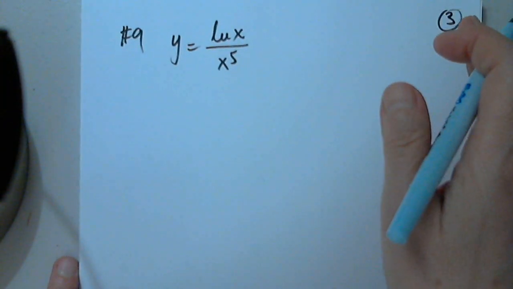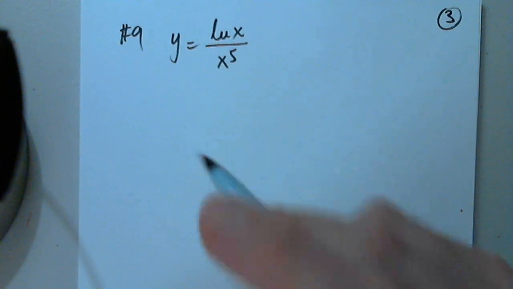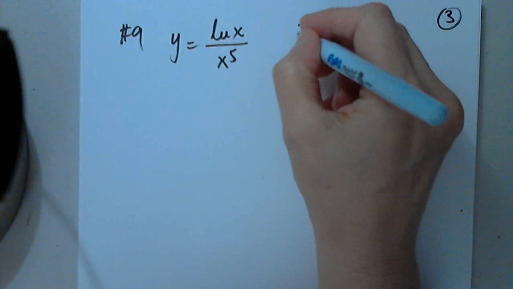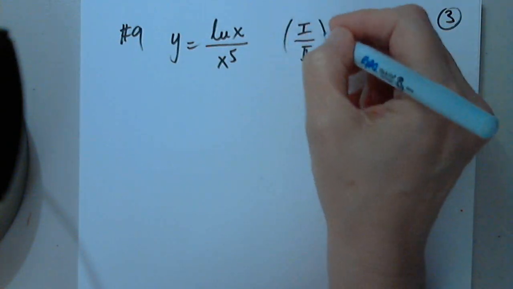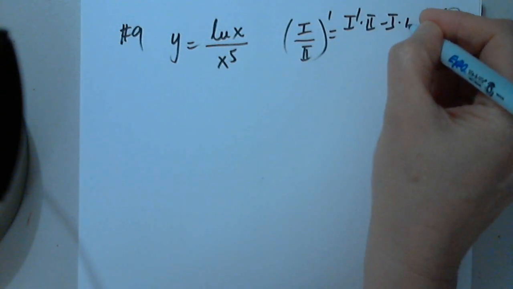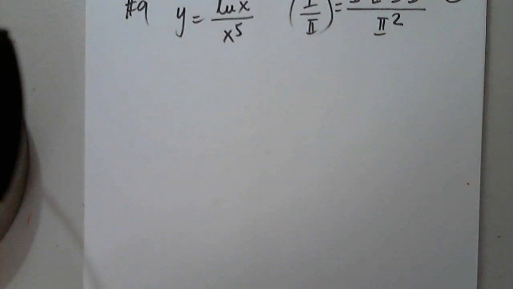Okay, so what do you notice here? What type of function is it? Which rule do I need to apply? You have to apply the quotient rule. Excellent, thank you. So it's the first prime times the second minus the first times the second prime, over the second squared.